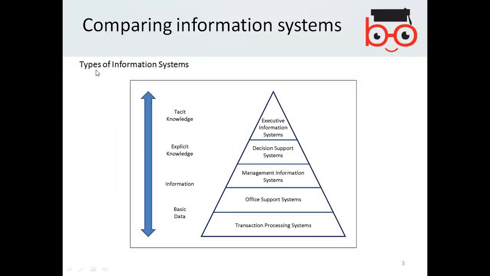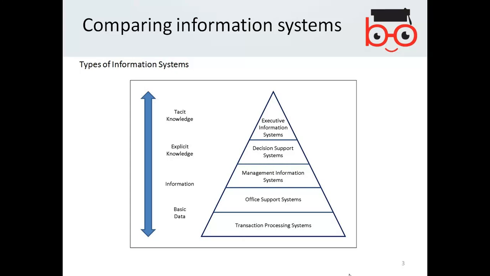If we look at the types of information systems, then basically they deal with basic data, information, explicit knowledge and tacit knowledge. How are they being classified? Like simple transaction processing systems, like the transaction processing system of any bank, any store, order processing, can be the basic data.